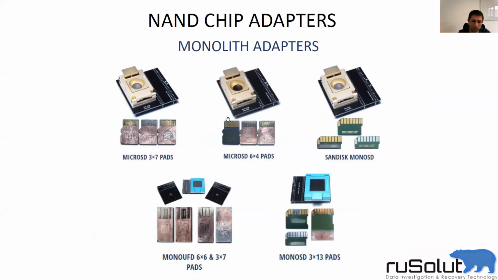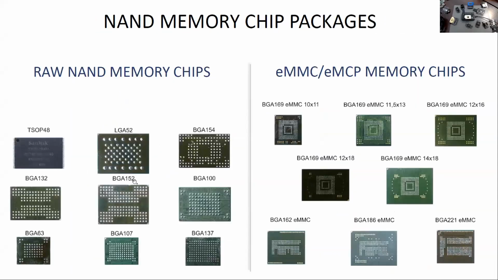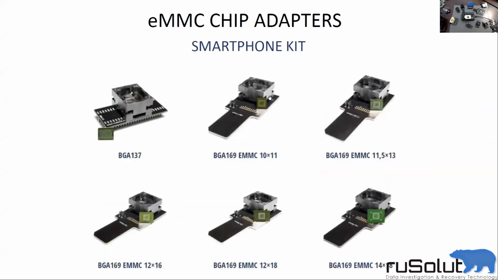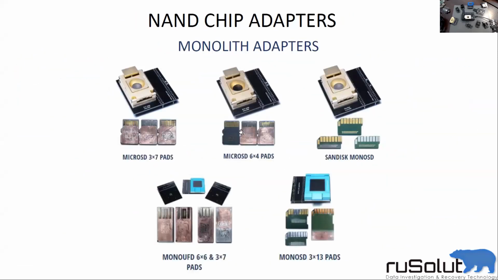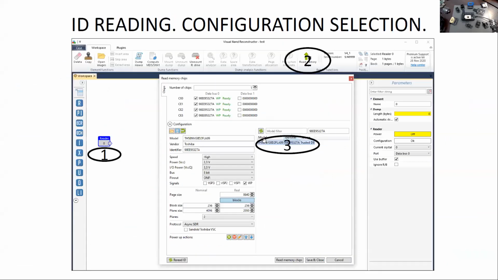Also, you may know that there are monolithic devices where you don't have standard pinout. So for those devices, we have monolith adapters. So once we detected what chip we have, we should select correct adapter for this chip, insert it into the reader, and then we should start to read.